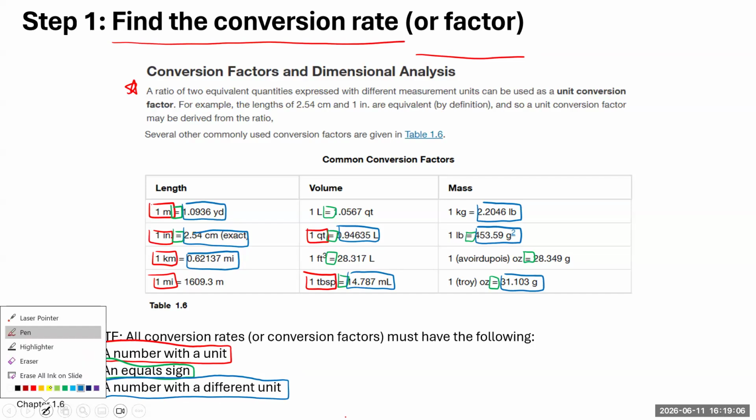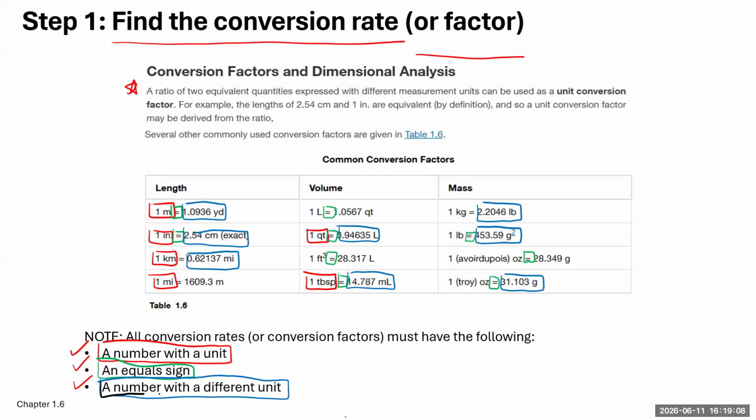Sometimes the second number is implied. So for instance, if I drive 60 miles per hour, right, that's 60 miles per hour.